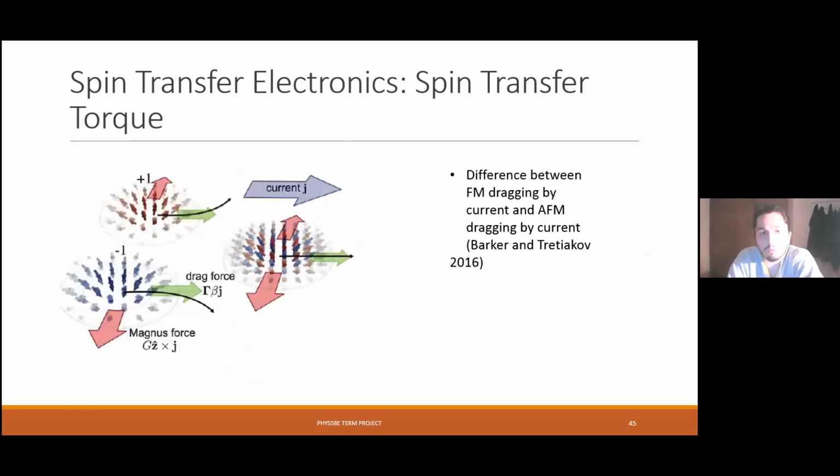And it's also possible to obtain movement of the magnetic structures by using spin transfer torque. Unlike ferromagnets, antiferromagnetic structures can be moved without the Magnus force due to their unique antiferromagnetic dynamics.